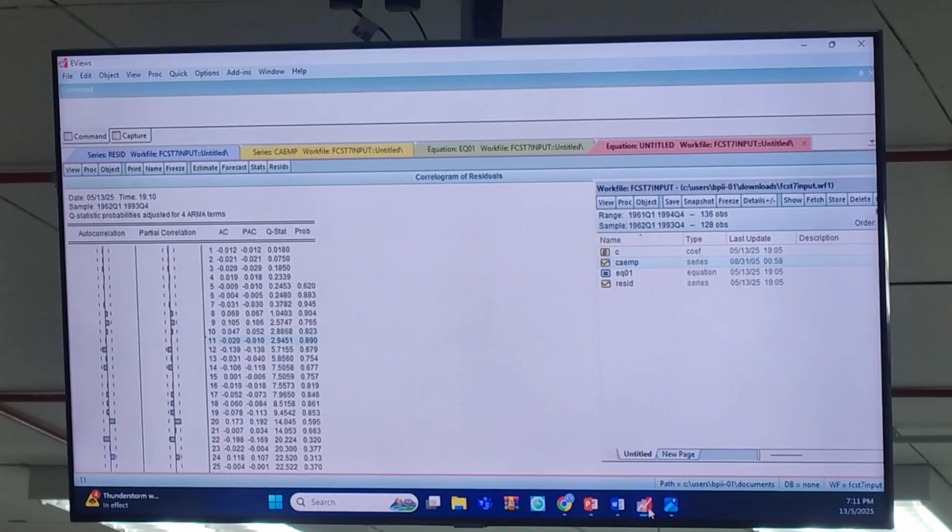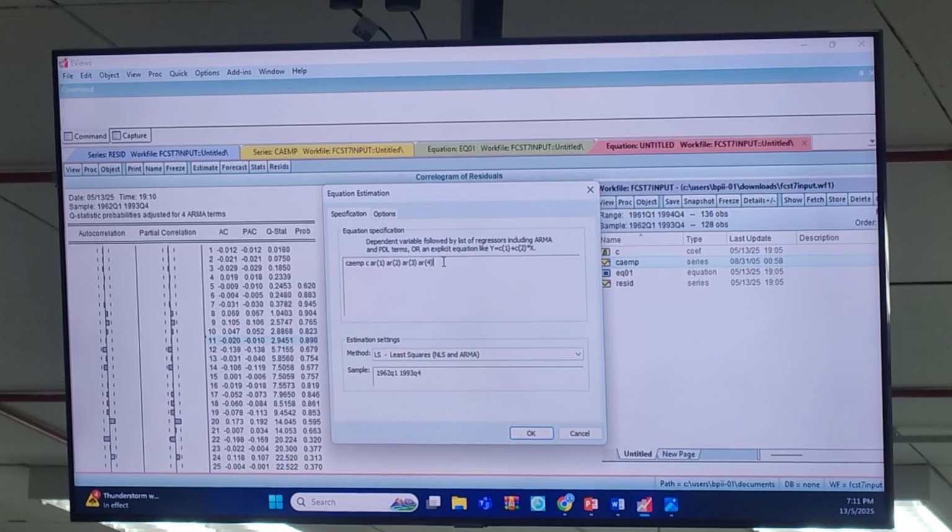Okay, so ARMA(1,1). Let's say ARMA(1,1), how? AR1 MA1.